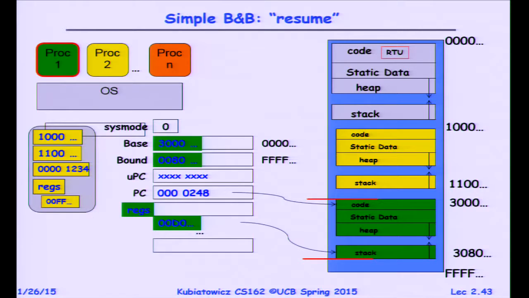I just did a protected control transfer for you guys. Everybody with me? And if that timer interrupt happens on a regular basis, then we can keep swapping back and forth between these different threads. And we've protected things. So green can't mess up yellow, yellow can't mess up green, neither of them can mess up gray. And we're all happy. At least I'm happy. I don't know about you guys. You're all happy, right?